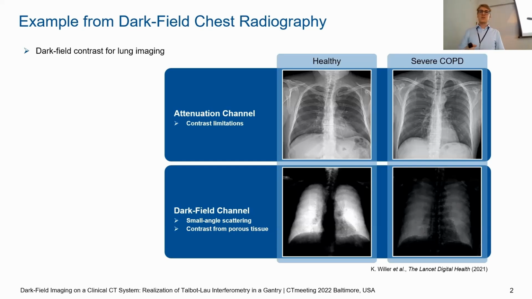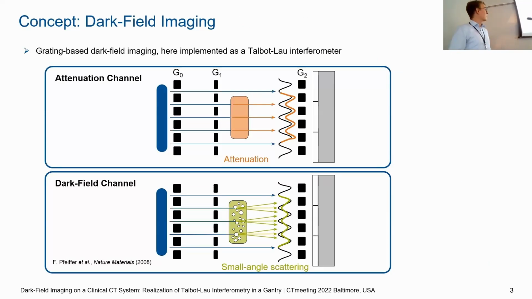Our objective is now to bring this imaging modality to clinical CT and make it a quantitative imaging solution. And for this, we need a specialized imaging setup. In our implementation, we focus on a so-called Talbot-Lau Interferometer, which consists of a set of 3 gratings in the beam path.